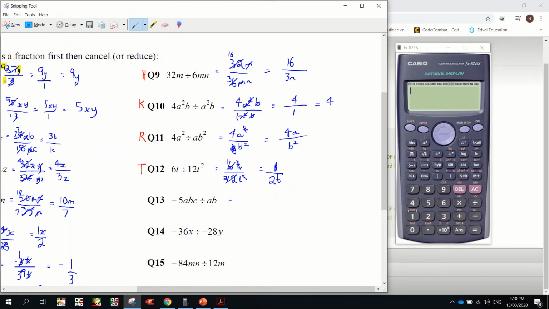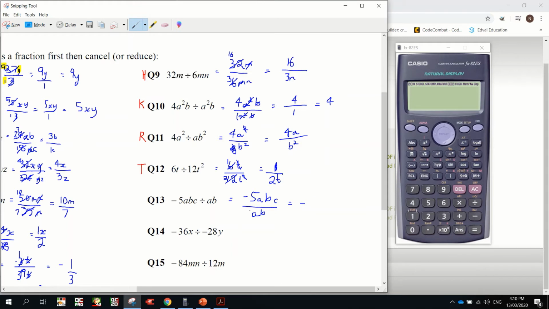Okay. Here we go. Equals, rewrite it, -5abc over or divided by ab equals, well, a negative divided by a positive will give us a negative answer.